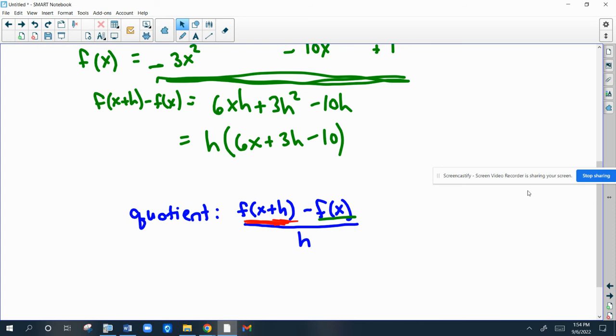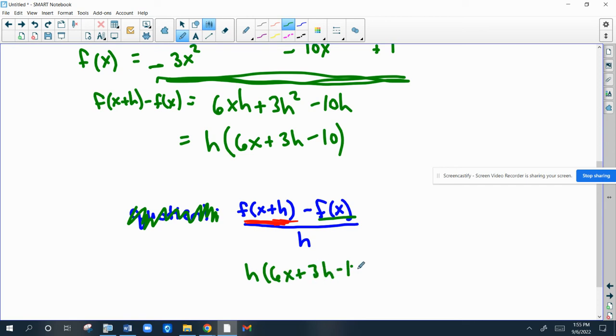So that's what I'm going to put up top. The top is just this simple h times 6x plus 3h minus 10. And you can see the rest of the difference quotient, it's over h.